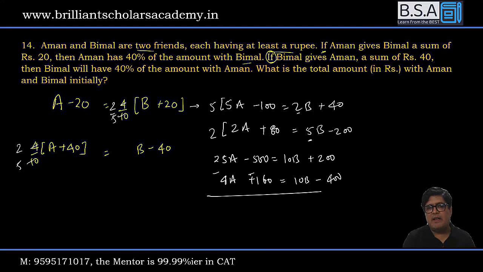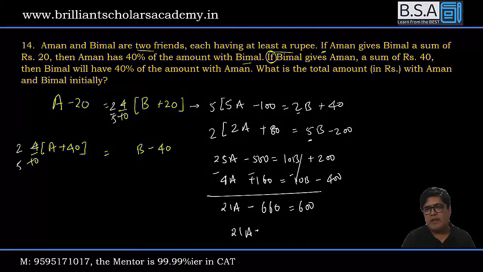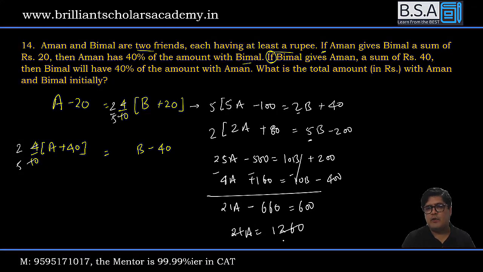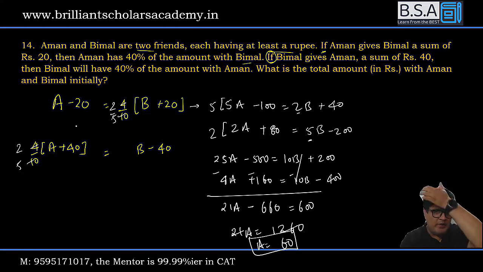Now when I subtract, it will become 21a minus 660, B will get cancelled, is equal to 600. So 21a is equal to 1260. A gives you 60 rupees. Put A here, it will be easier for you to solve, and you can find B as well. So it seems like a time-taking approach.